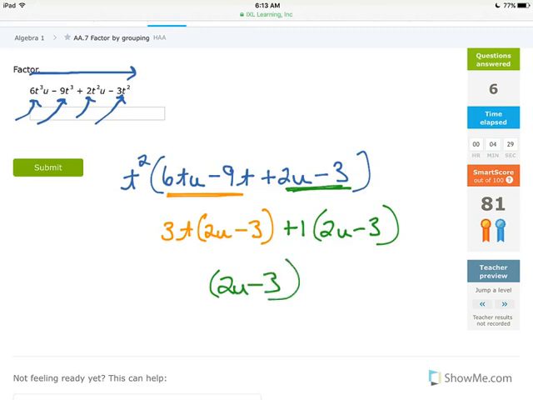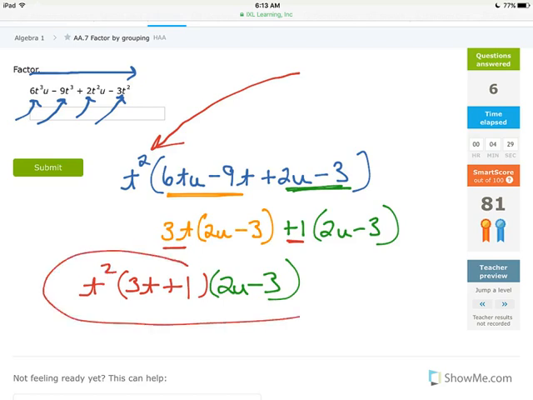And the other factor is the 3t and the positive 1. And then don't forget about the first factor that we factored off at the very beginning. So you also have the t squared. So those are going to be your 3 factors.